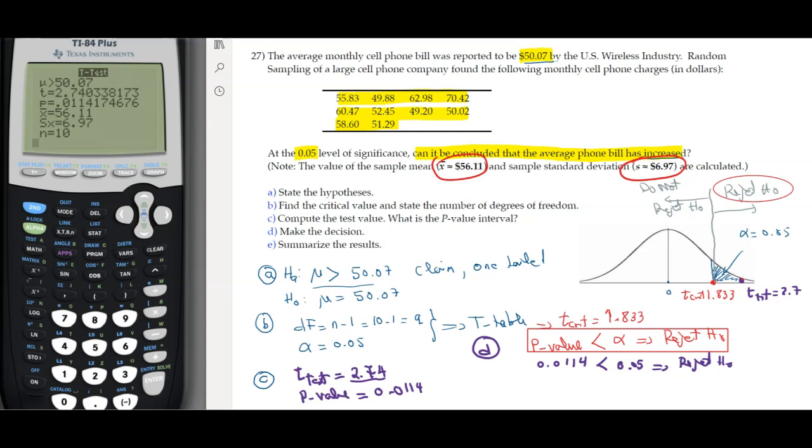So the conclusion, E, the conclusion: we rejected H0. So we have enough evidence to support the claim, which, the claim by the way, is HA. To relate it to the problem, yes, we have enough proof that the average has increased. And that's all.